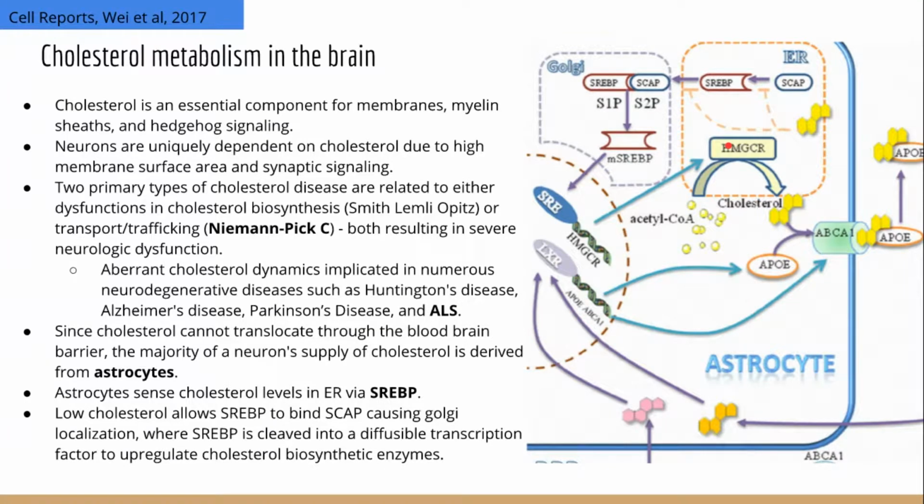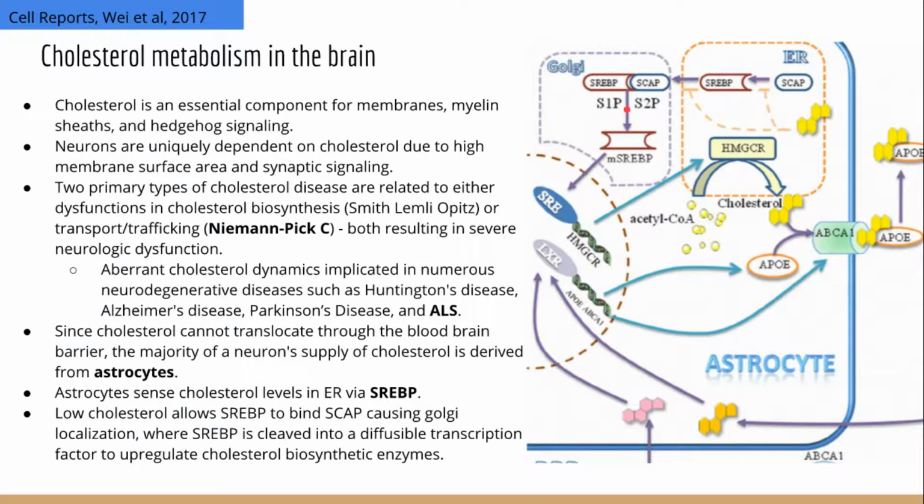So during basal conditions, just during normal conditions, when cholesterol is high and everything is happy, this protein called SCAP will bind to cholesterol and it will essentially be inhibited by cholesterol. When cholesterol is depleted, however, SCAP will then bind to SREBP, and this binding unmasks a Golgi localization signal, causing this SCAP-SREBP complex to translocate from the ER to the Golgi.